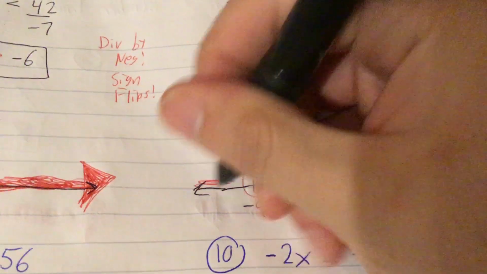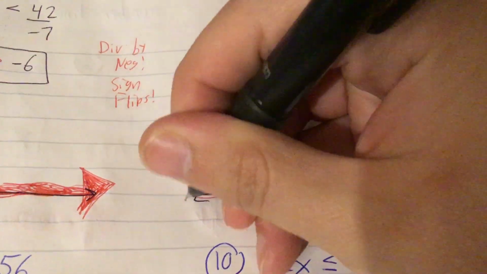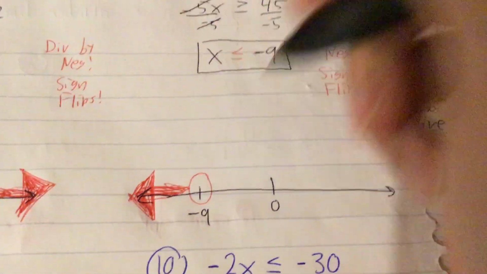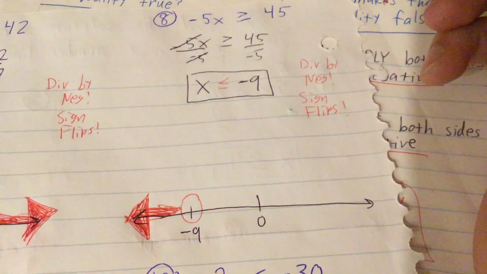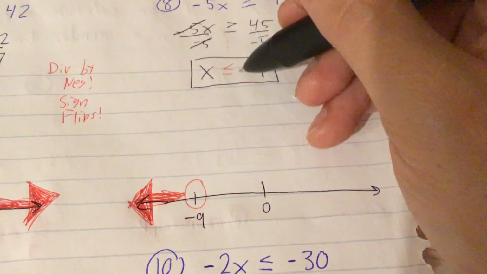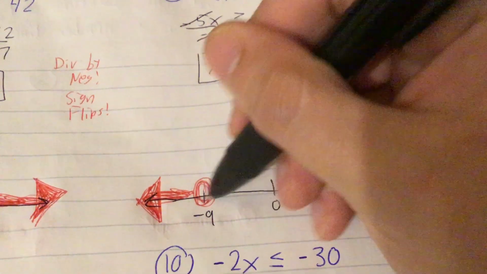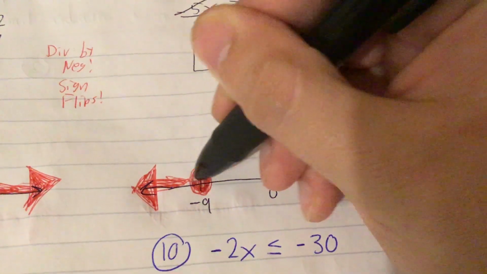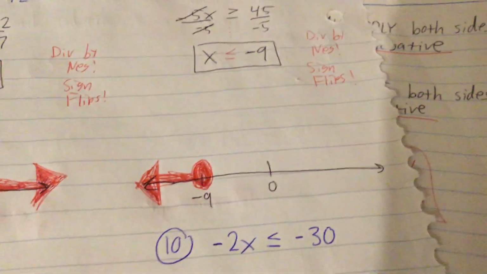To the left. And finally, is negative 9 itself invited to my birthday party? Yes, the sign flips, and the less than or equal to still means equal to as well. So x is legally allowed to be any number in this shaded region.